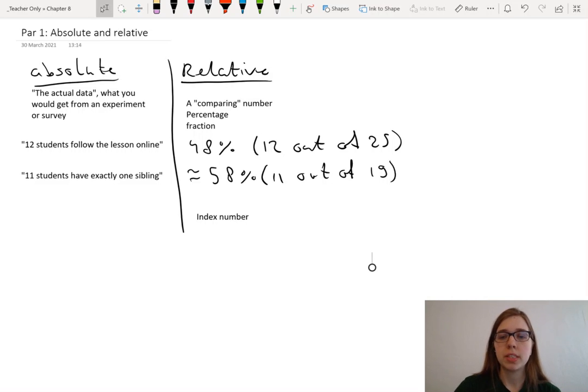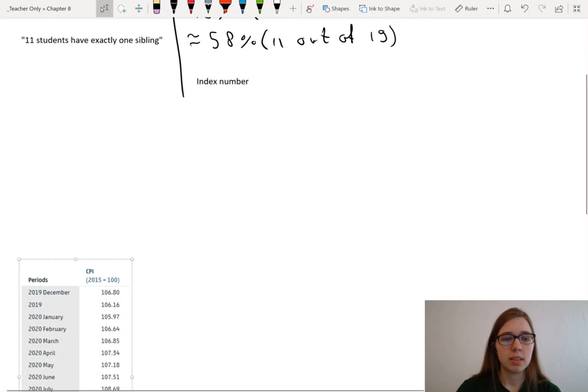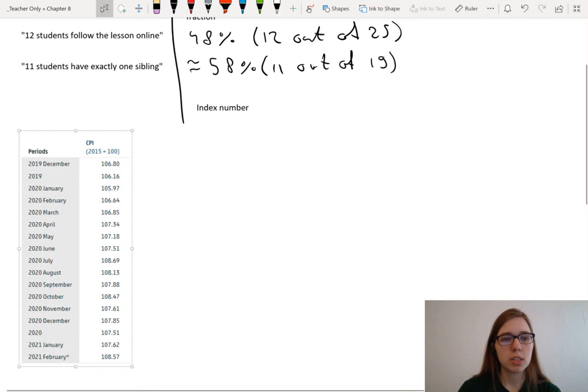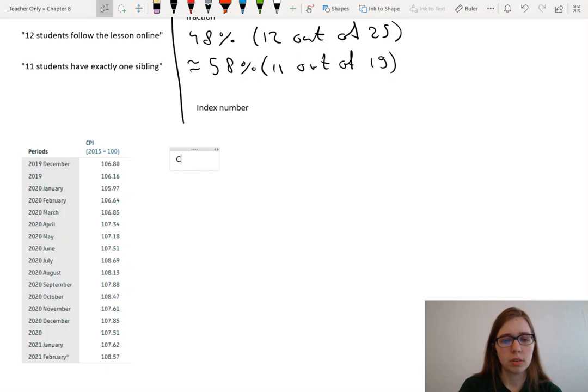So you might, for instance, go to the CBS, the Central Bureau for Statistics, and find this list of the CPI, the Consumer Price Index. That's one of those index numbers.